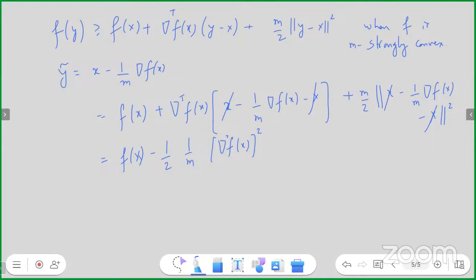So the left hand side, I can essentially try to minimize and say that is p star, the optimal value. The optimal value is at least as much as f of x minus 1 by 2m times the gradient square. So if your gradient square is going smaller, the gap is only so much. That's the whole point. This is the gap from the optimal value. And that is why strongly convex functions are so useful. This is not true for just purely convex functions. You can't do all this.